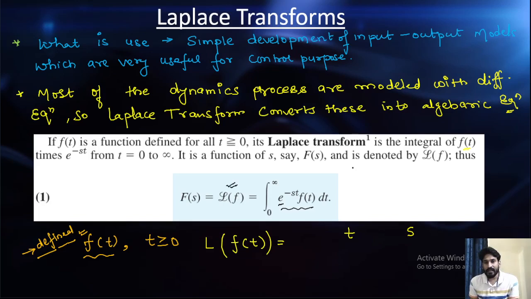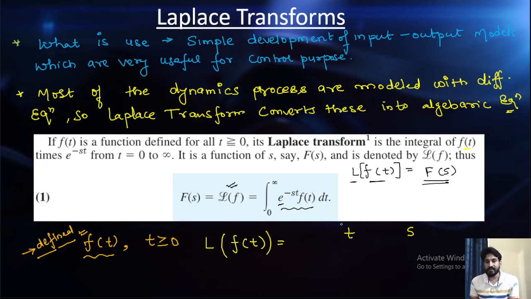The notation is Laplace of f of t, and that gives us F of s. F of s is the value of the function after the Laplace transform of f of t.